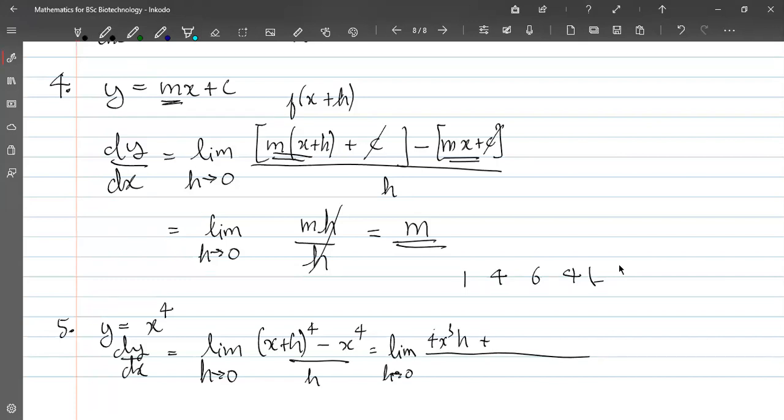This is x plus h, so everything will be positive. 4x cube h, then 6x square h square, 4x h cube, plus the highest power of h, that is h power 4, divided by h. So h will cancel out.